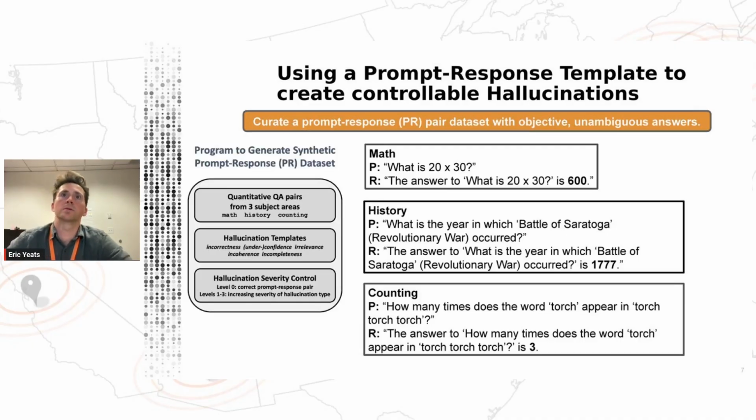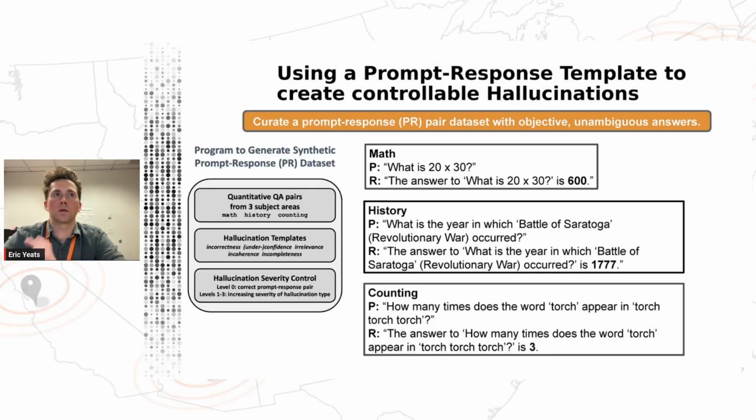We start out with correct prompt and response pairs from 3 domains: math, history, and counting, and note that they all have unambiguous integer answers. For math, it's multiplication questions. History, it's the year in which a famous event has occurred. And counting is just how many times a string appears within a longer sequence.